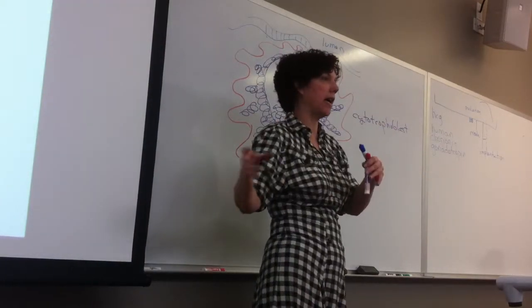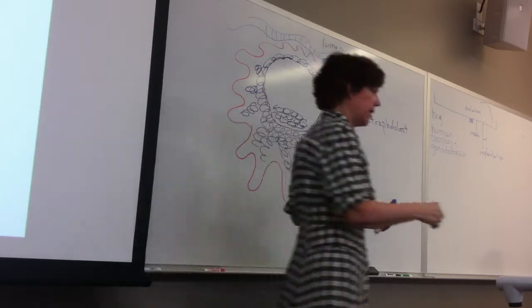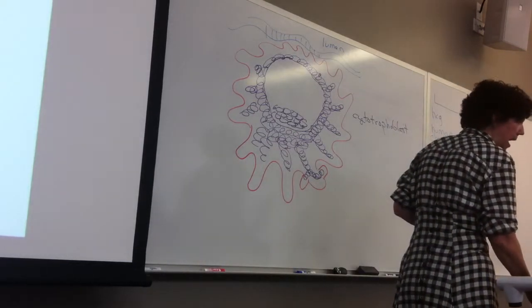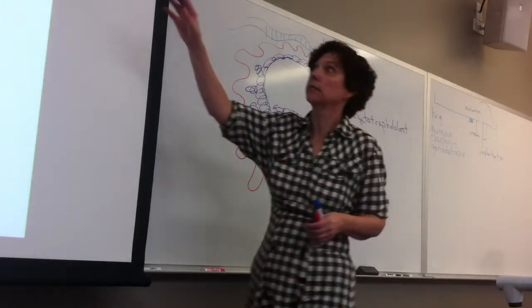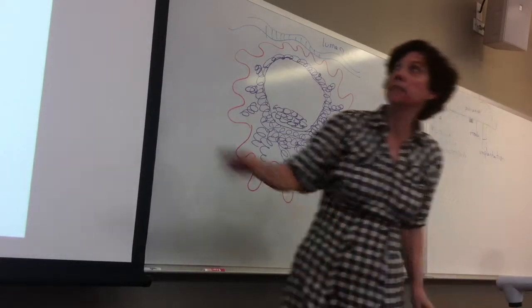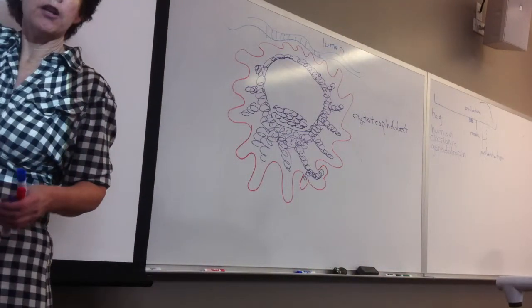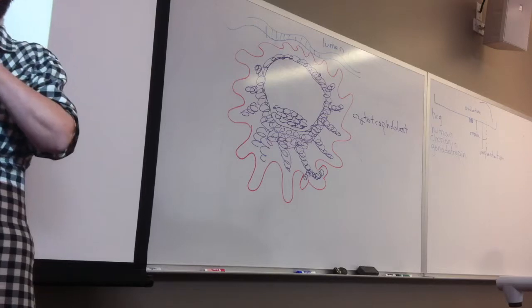So remember I said that the maternal tissue was called decidua? That decidua that is on the deep side, away from the lumen, is known as decidua basalis.